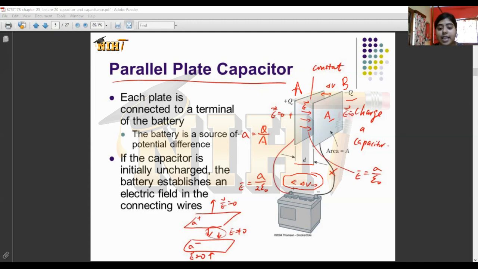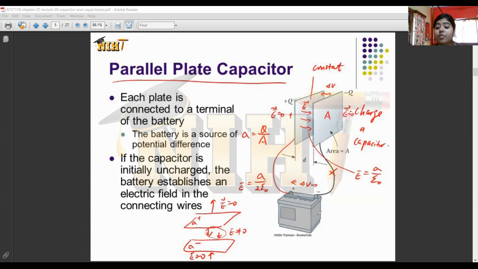Here I have denoted sigma. Sigma is equal to Q divided by area: the total charge on the plate divided by the total area of the plate, that is the surface charge density. So sigma is Q by A.